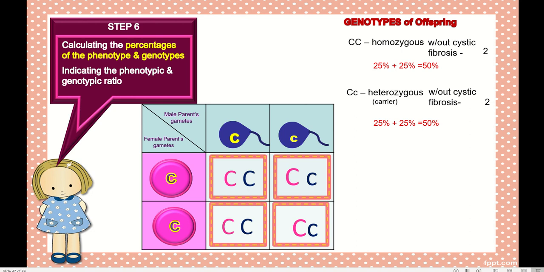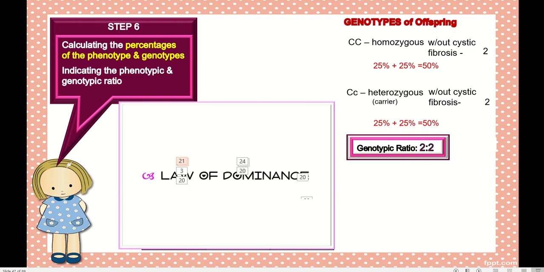So if we take homozygous without cystic fibrosis, 25 plus 25 is 50%. And here, heterozygous without cystic fibrosis, 25% plus 25% is 50%. So the ratio of the genotype is 2 is to 2. We got 2 from here and 2 from here. So we're not using the lowest form of the ratio.